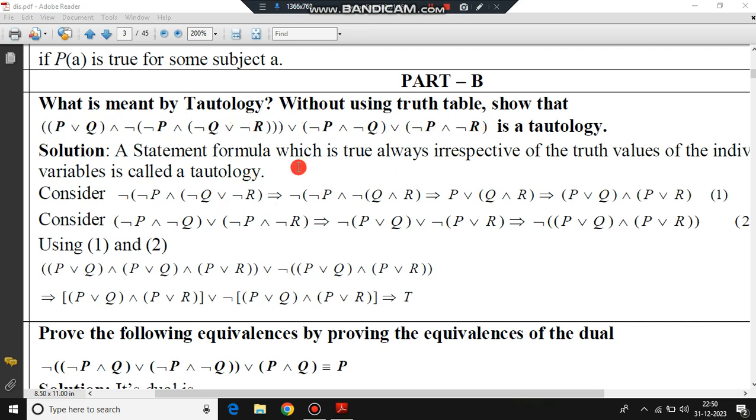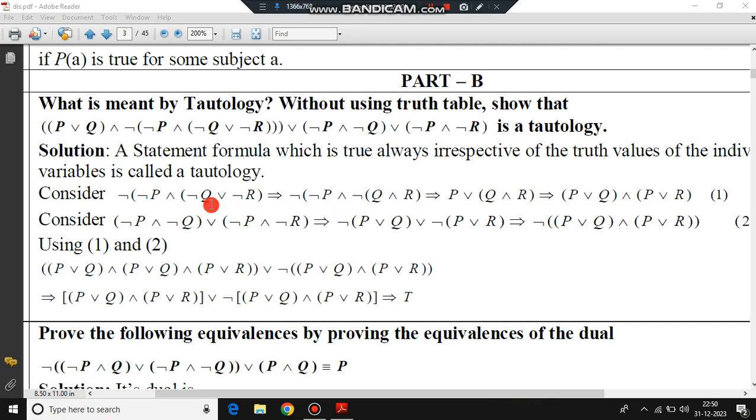Now let us prove that. Let us consider this one, that is negation of (negation P and (negation Q or negation R)). This is what we are taking first. So this is exactly equivalent to negation of negation P and negation of (Q and R).